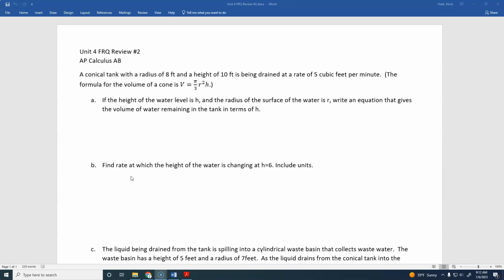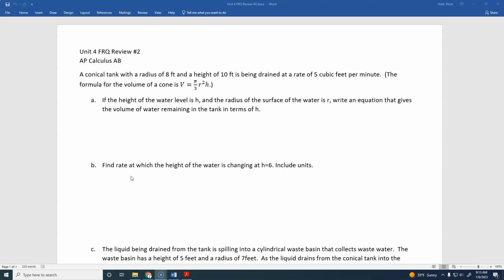Now I will warn you that on your test, you may see something asking about the area of a 2D figure, particularly triangles or circles, and it's not going to give you the formula for those. So make sure you know area of a circle, pi r squared.